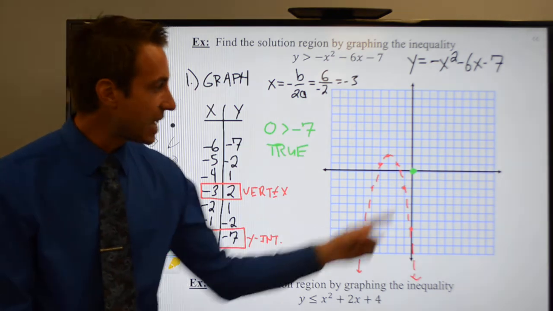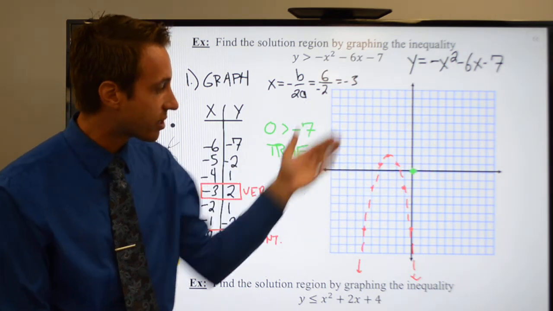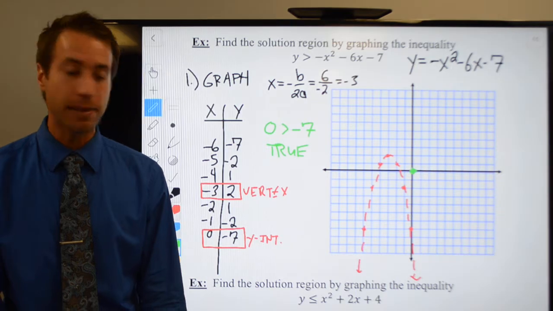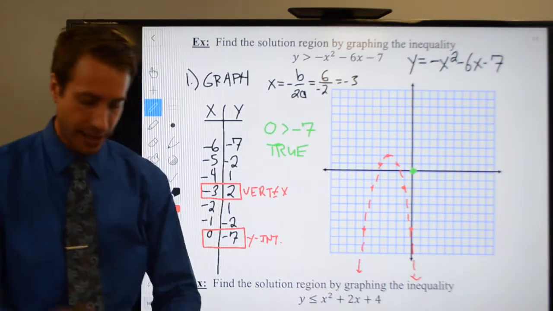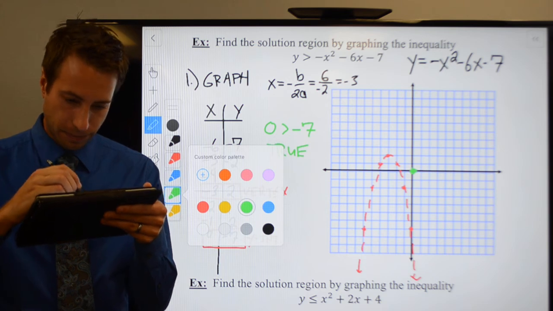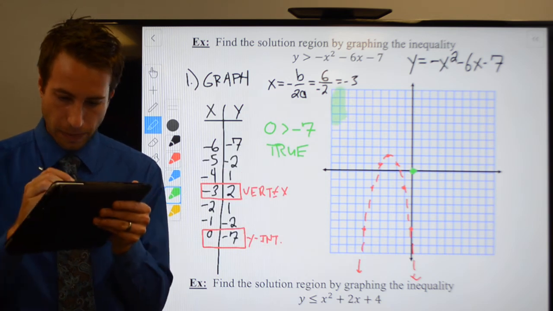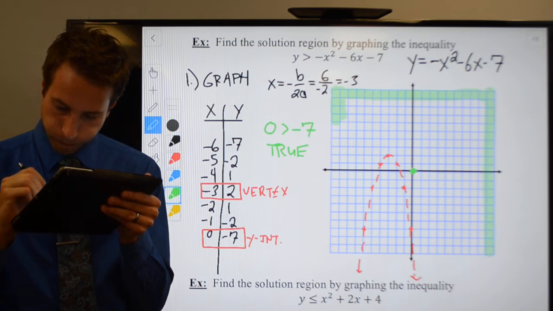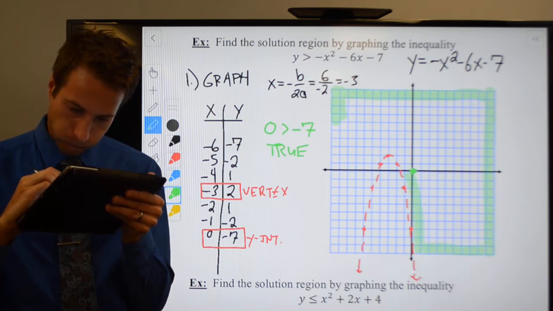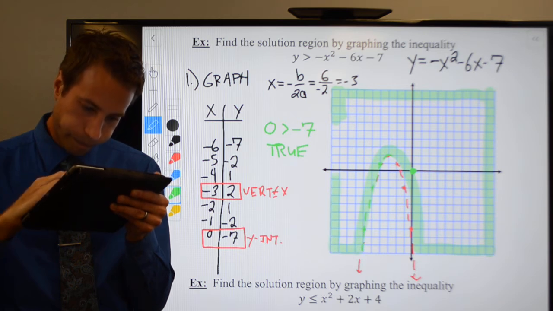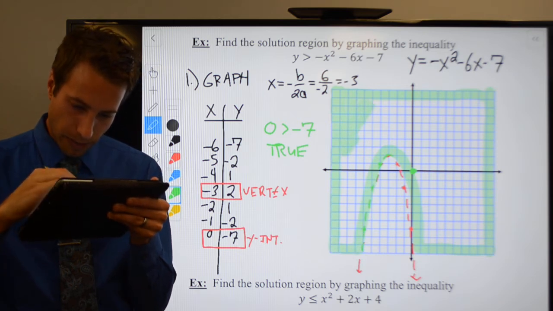Because my test point is on the outside of my parabola, and it gave me a true statement, I'm going to shade everything on the outside of my parabola. It's going to be everything in here.